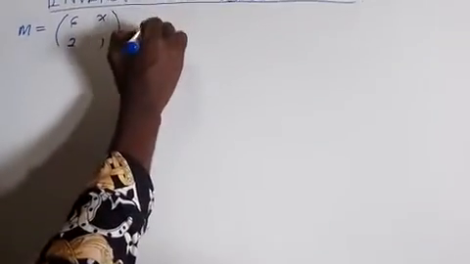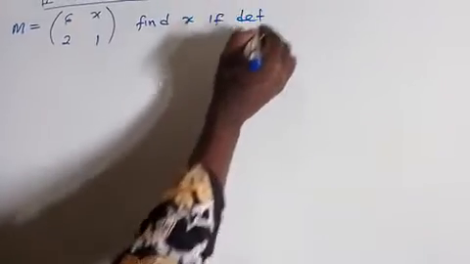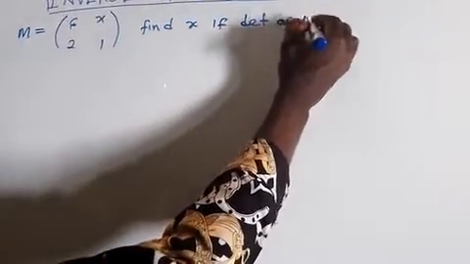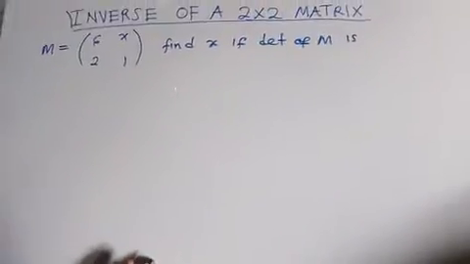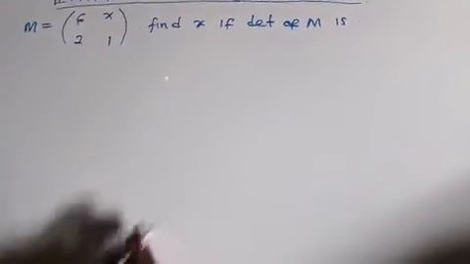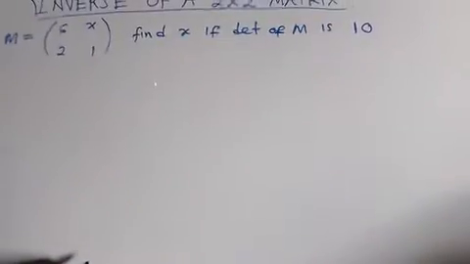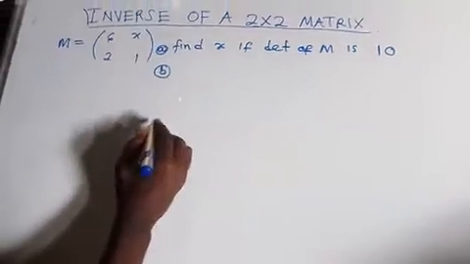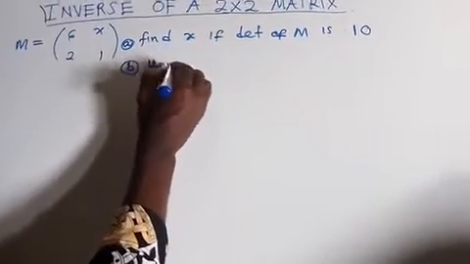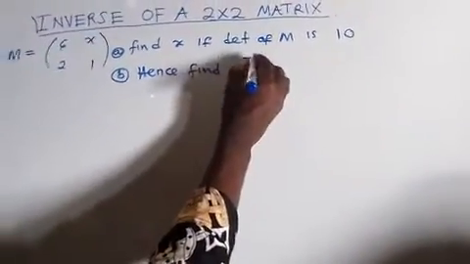Then the question is saying, find x if the determinant of m is, let me say, 10. The determinant of m is 10. You do this. Then this is A. B, you are told to find, hence find the inverse of m like this.